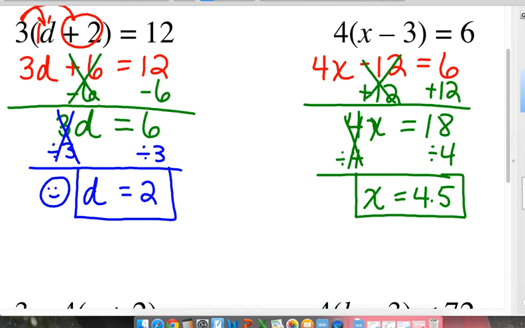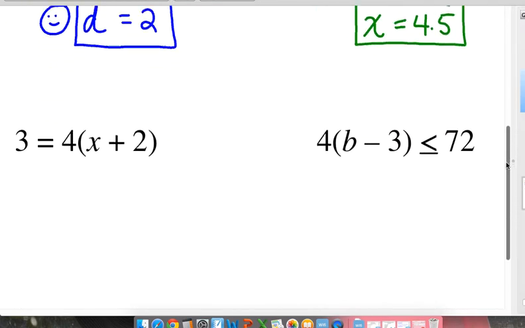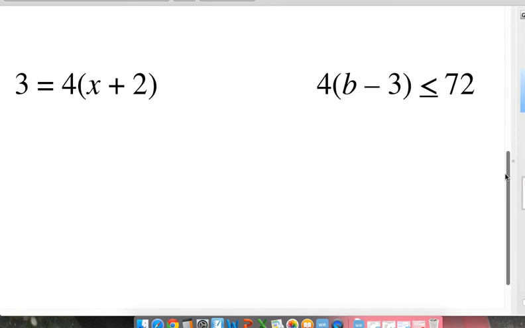Which, if we were to go back and check our answer up here, 4.5 minus 3 is 1.5 times 4 is, in fact, 6. It works. So it looks like we're going to have some decimal answers possibly today.